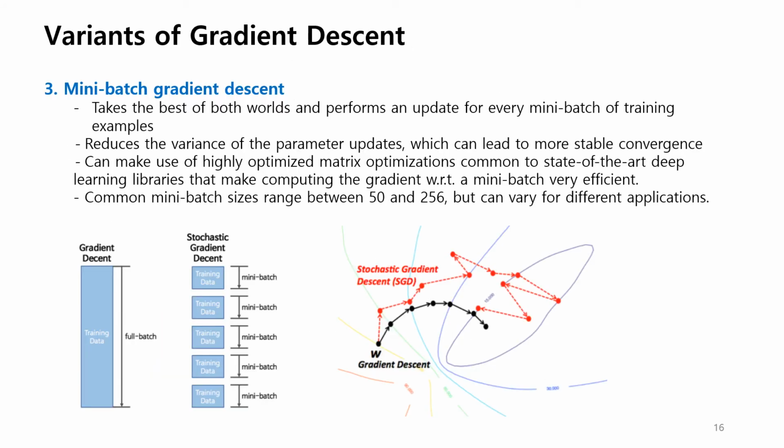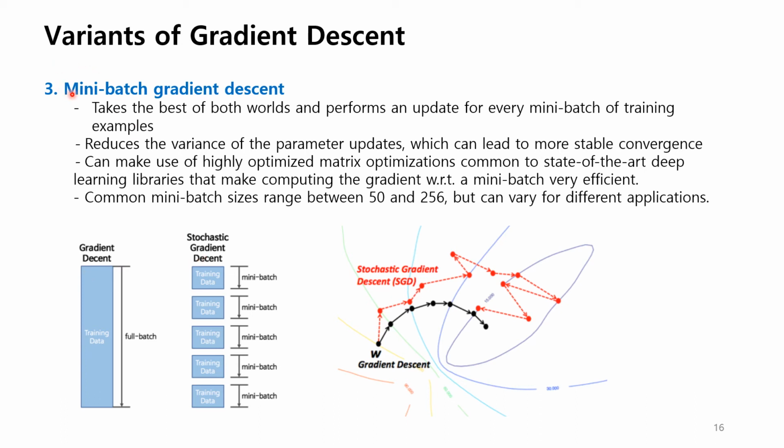The third method is called mini batch gradient descent. It is somewhere in the middle between batch gradient descent and stochastic gradient descent. If you look at this picture, in batch gradient descent you read the entire data and update, and in stochastic gradient descent you read one data point and update. These are two extreme cases, so we meet somewhere in the middle.